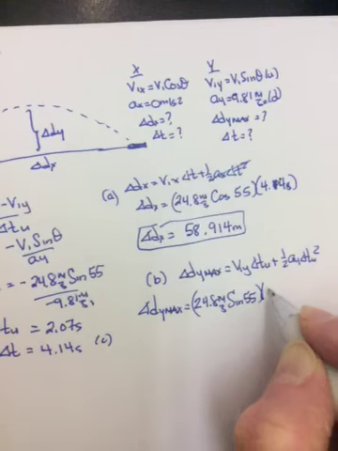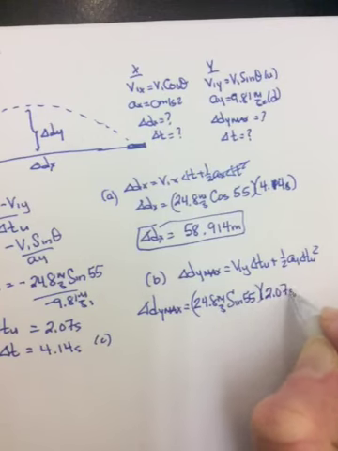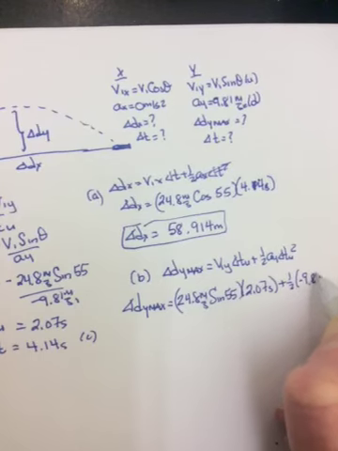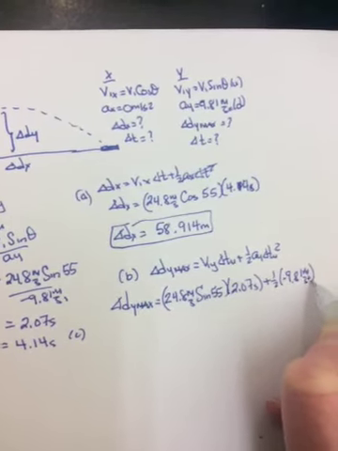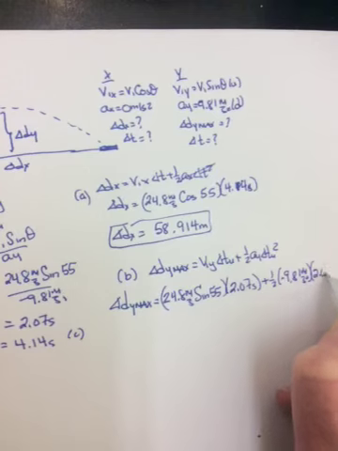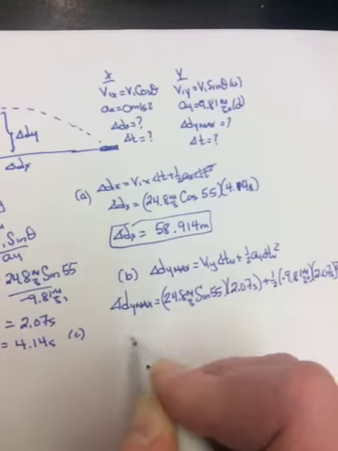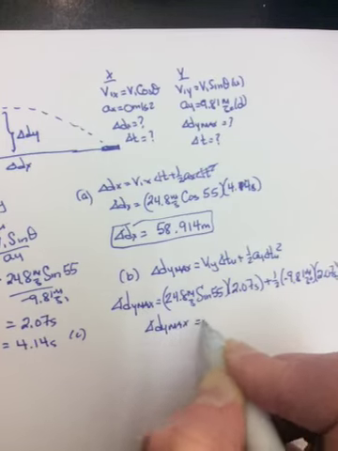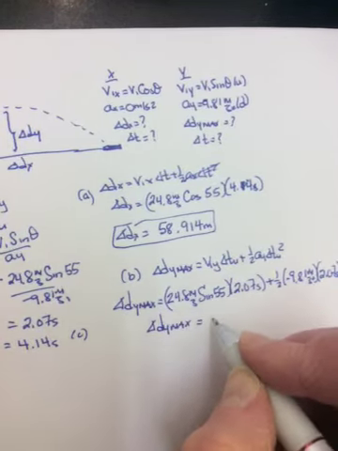And this time the 2.07 seconds goes in, plus 1/2 negative 9.81 meters per second squared, 2.07 seconds squared. Okay, so punch all this into your calculator.